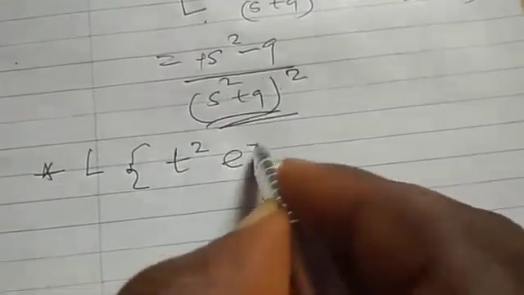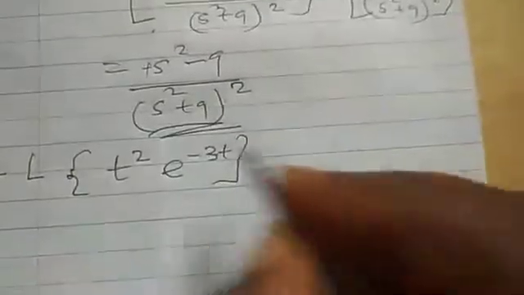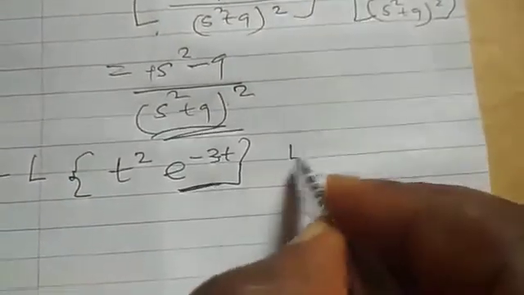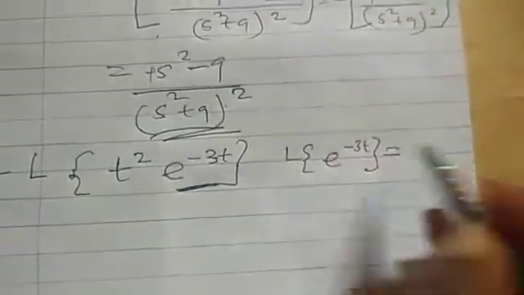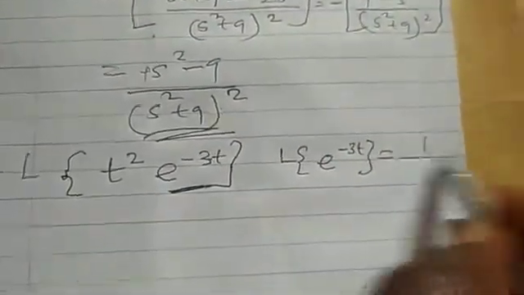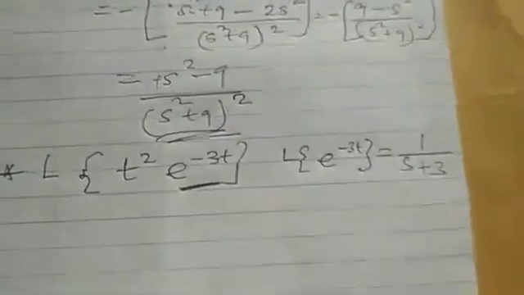Let's say we are given t raised to power 2 times exponential minus 3t. This is a given function. I'll first find its Laplace transform. And Laplace transform of exponential is 1 over s, this minus will be plus 3, 1 over s plus 3.